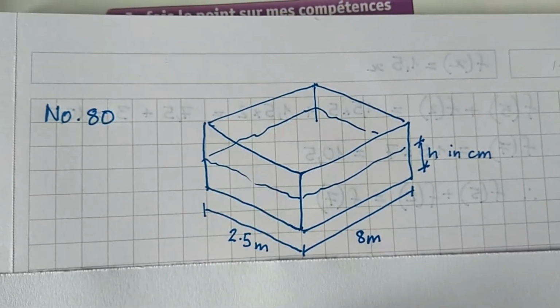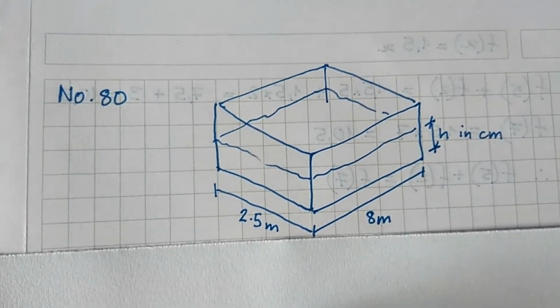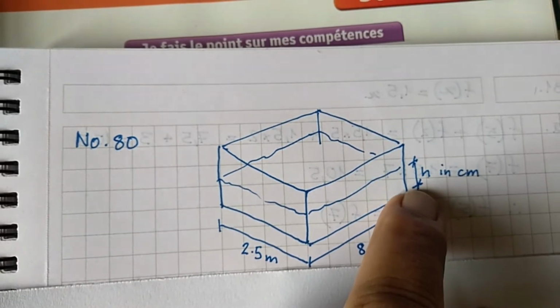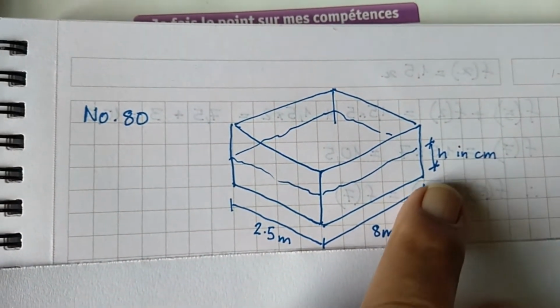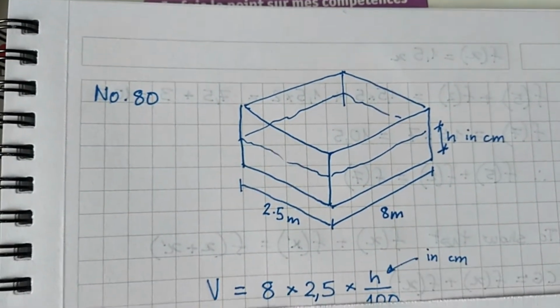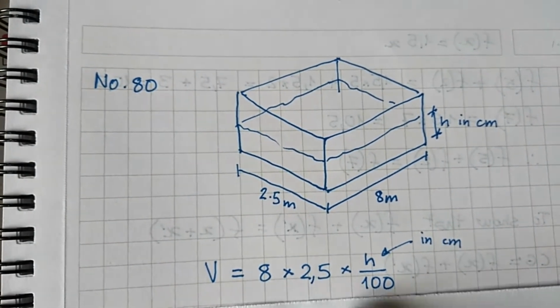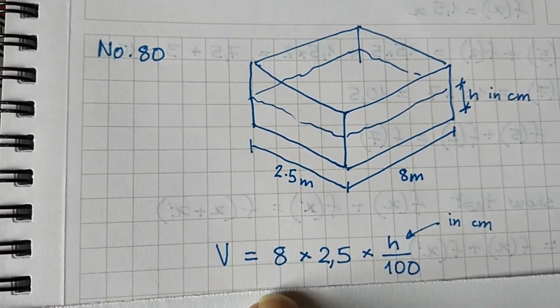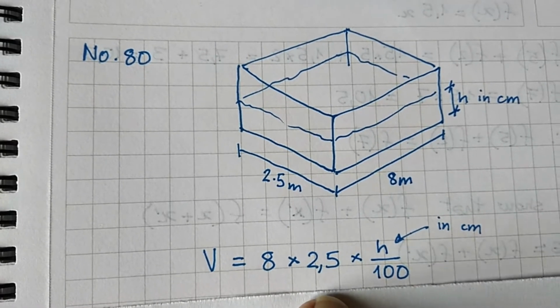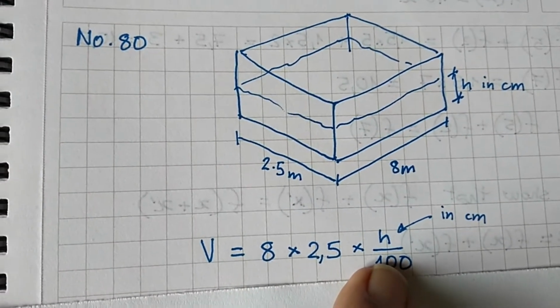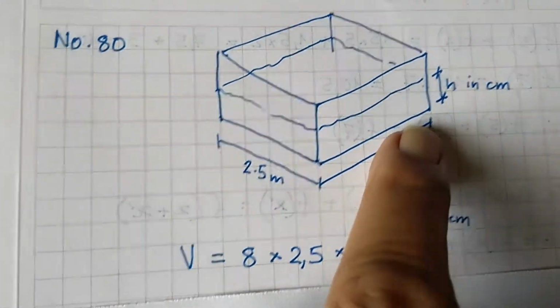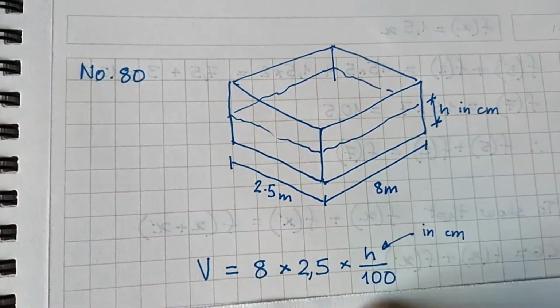So what is the volume of water in the pool when the height of water is h? Then we can calculate its volume: longueur, largeur, hauteur. So longueur is 8 mètres, largeur is 2.5 mètres, and hauteur is h.